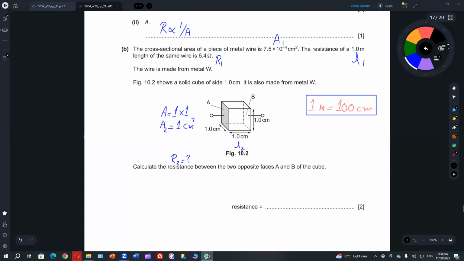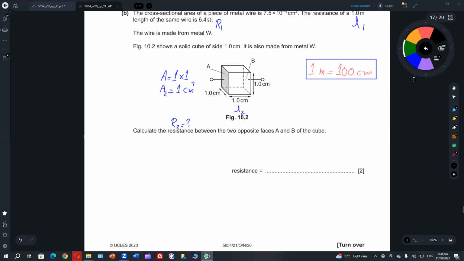What is the formula which should be helping us here? This is the formula.